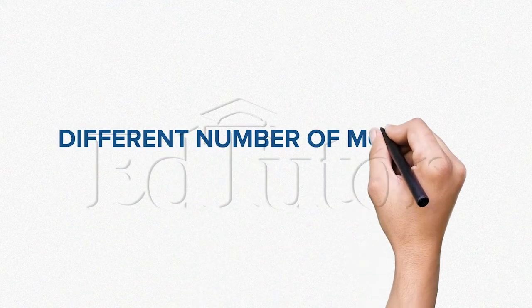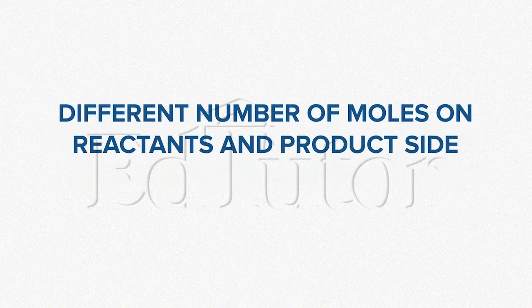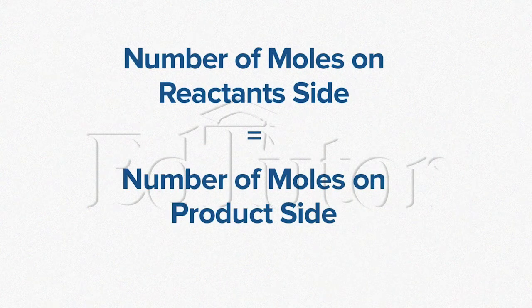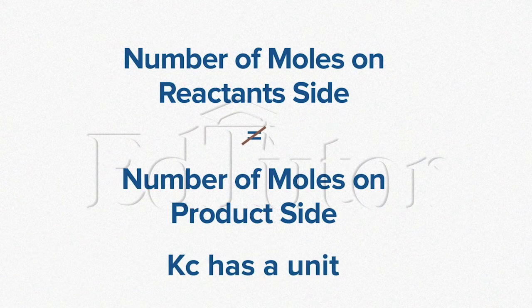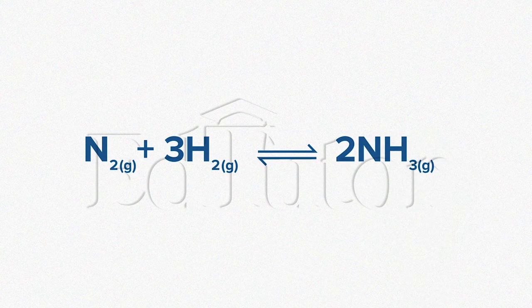Let's now move to the second case, for reactions with a different number of moles on the reactant and product sides. For reactions in which the number of moles of the reactants and products are not equal in the balanced chemical equation, Kc will have a unit. Here's an example, where nitrogen reacts with hydrogen to form ammonia.